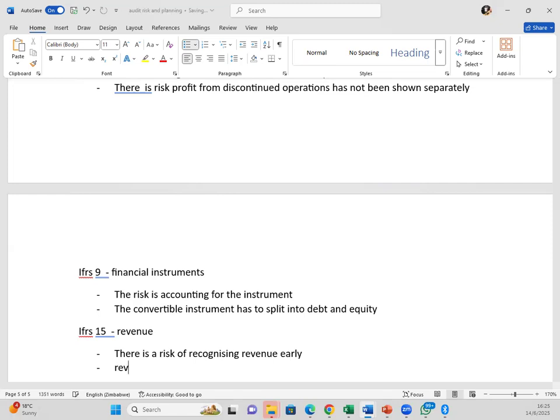Revenue must be recognized after meeting all the performance obligations.